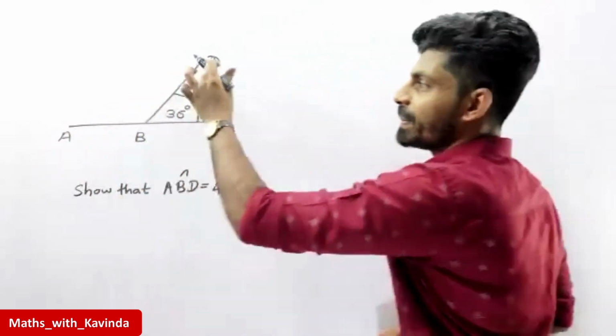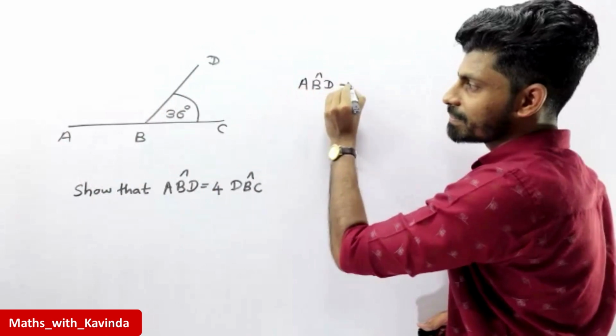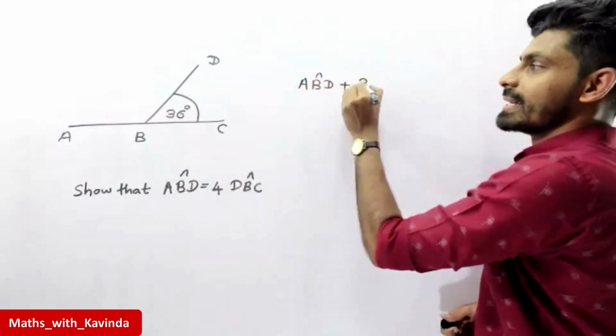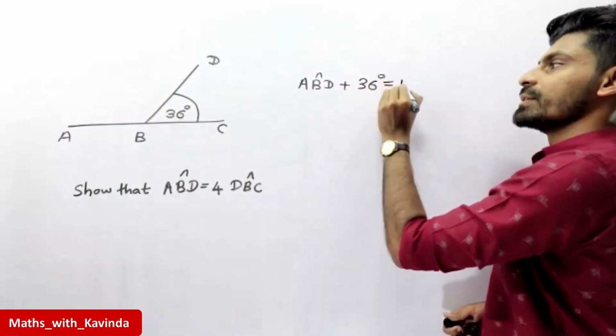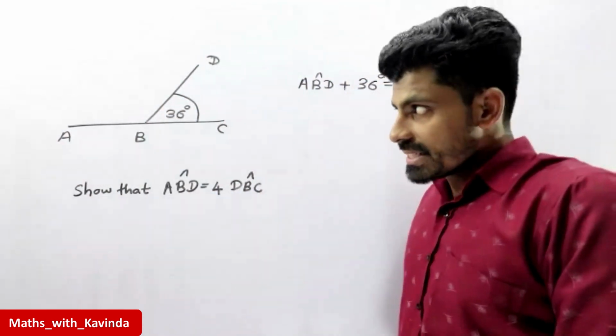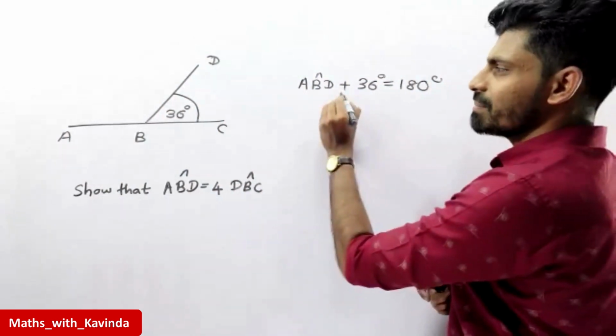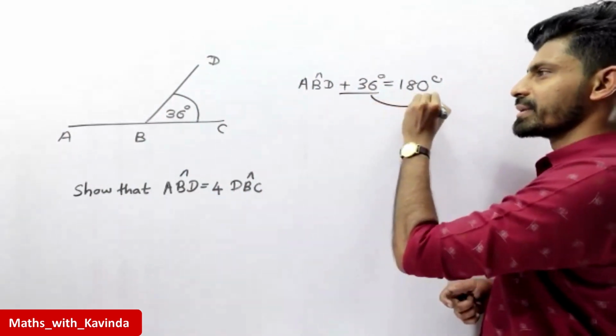Then ABD plus 36 equals 180. Plus 36 moving to the other side.